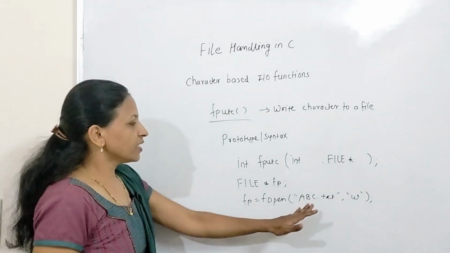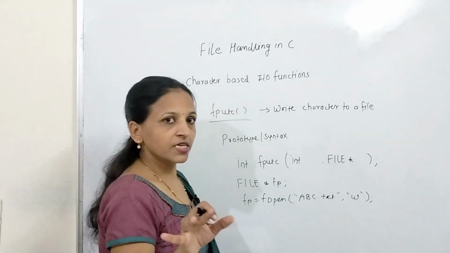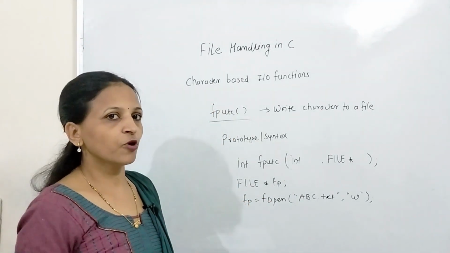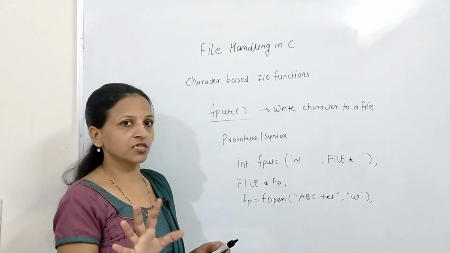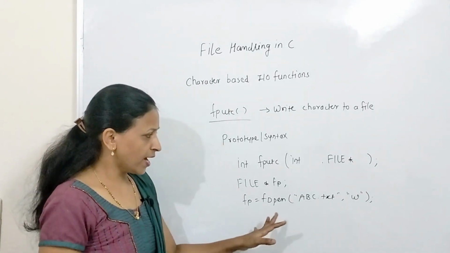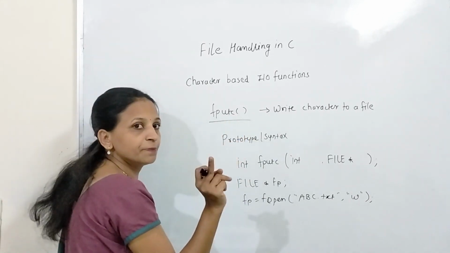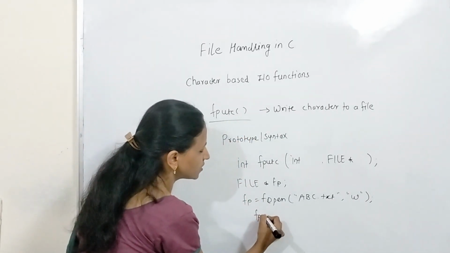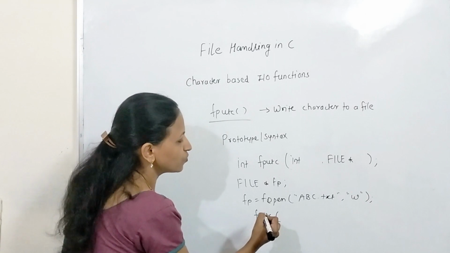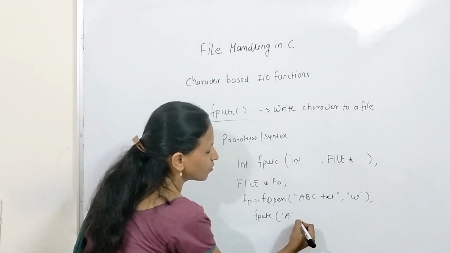Now abc.txt has been created, and initially the file pointer is at the first location. If I want to write something there, we can use the fputc function, like fputc, and here whatever character you want to write, say the character 'a'.